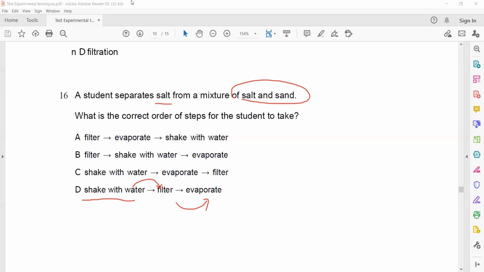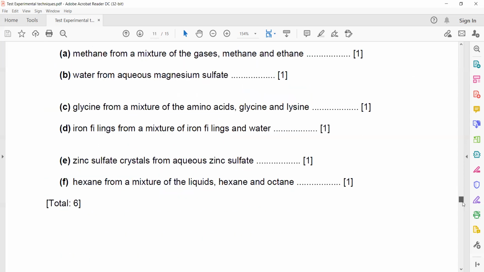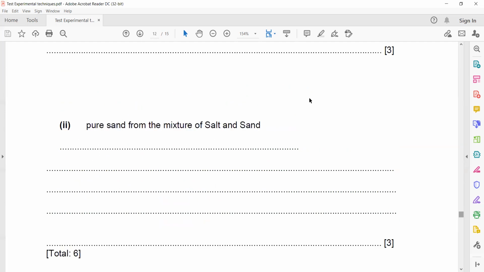So we want to obtain both. The best complete answer is, because we have a mixture of salt and sand, first we should add water and shake the mixture.